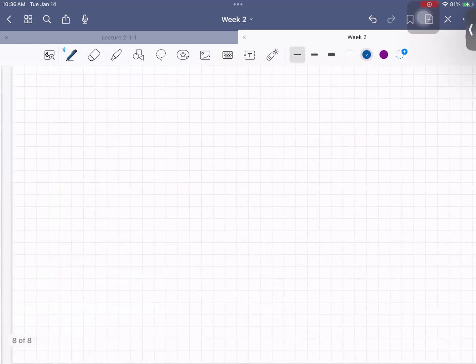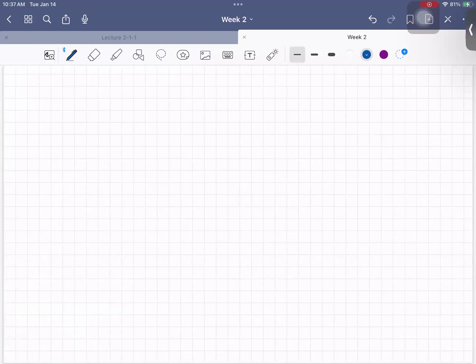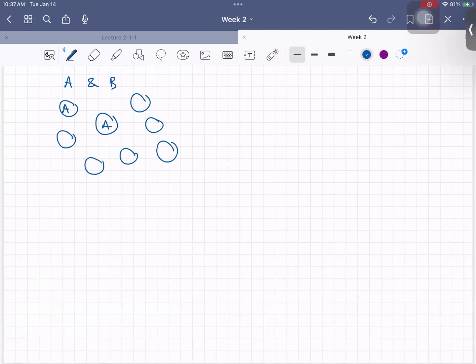Let me start by saying that, for example, we have a system consisting of two species, species A and B. We have a lot of components of A and B, moving at different velocities in any direction randomly like this.